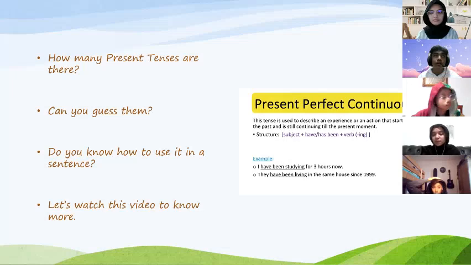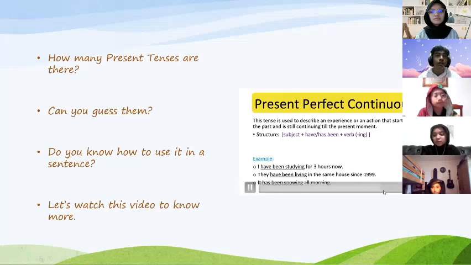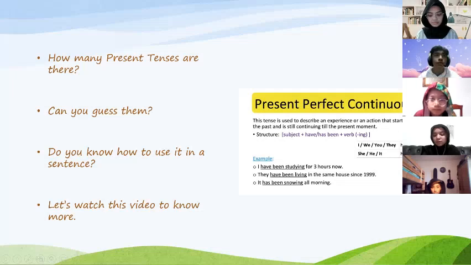They have been living in the same house since 1999. It has been snowing all morning. For subjects I, we, you, they, we use have. For subjects she, he, it, we use has.